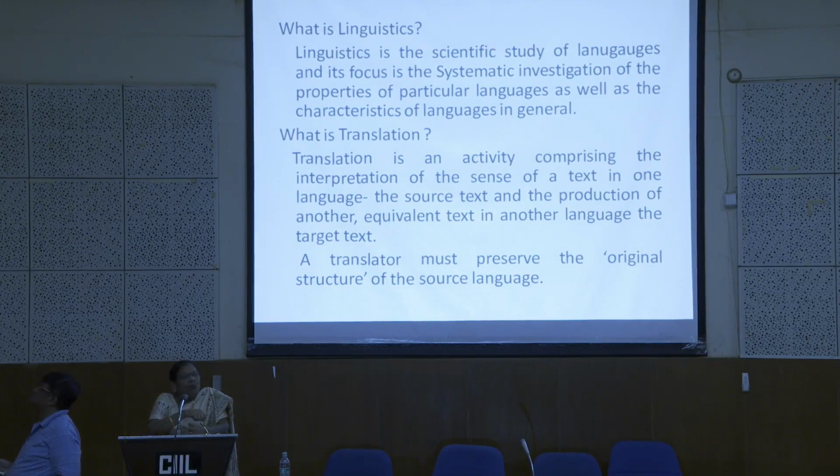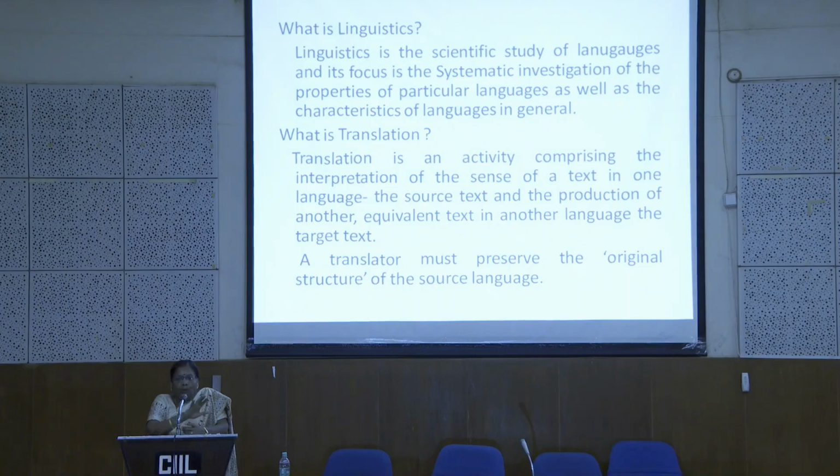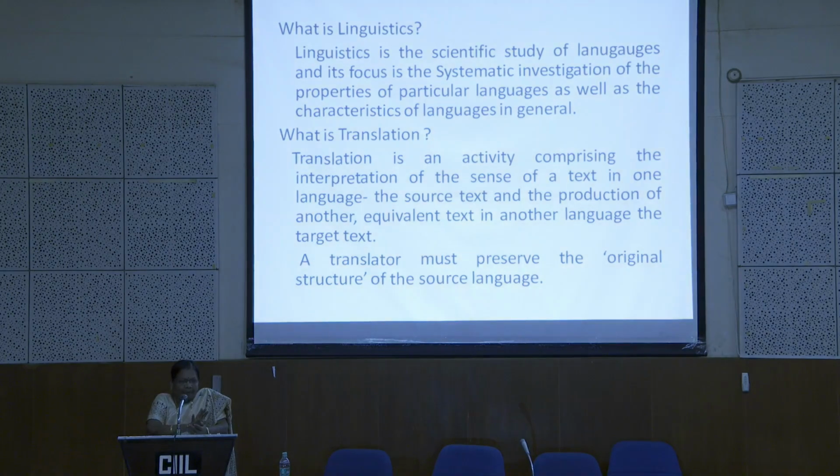In translation, what we are doing is converting the message from one language to another language, relaying a message from one language to another language. So it is very important. If you want to do translation work, you have to know the structure of the language.